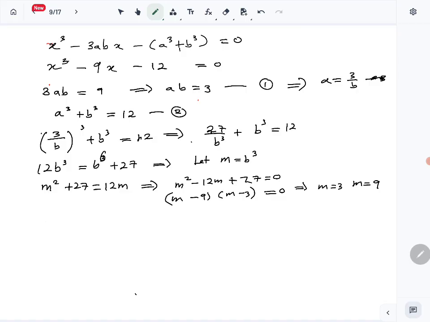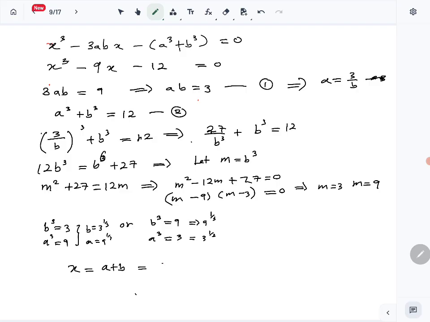Yes, so that means b cube equals 3 or b cube equals 9. Then a cube equals 9 from here, and this one a cube equals 3. So the solutions are what? 9 to the 1/3 and 3 to the 1/3. Right. So then the factor is what? From the previous one, a plus b.